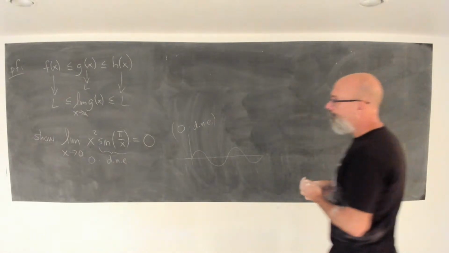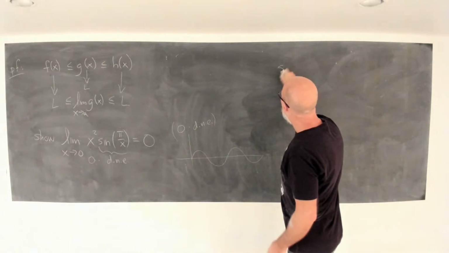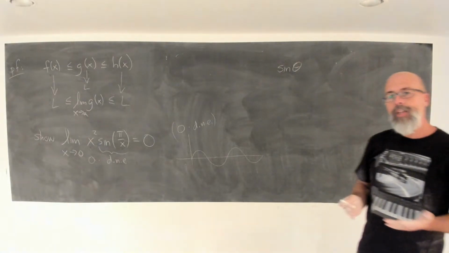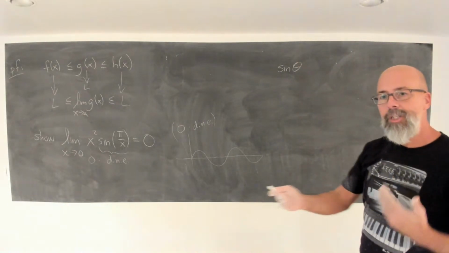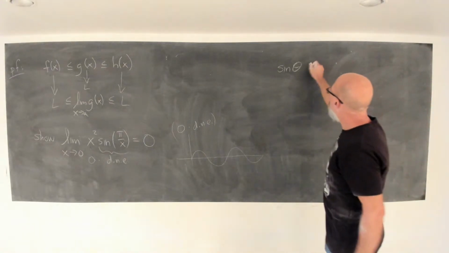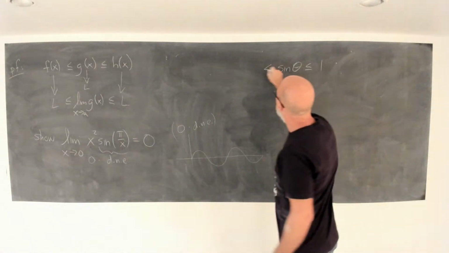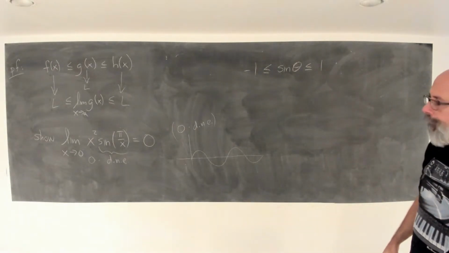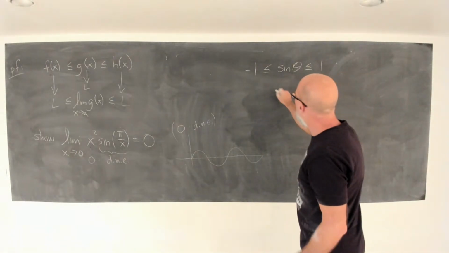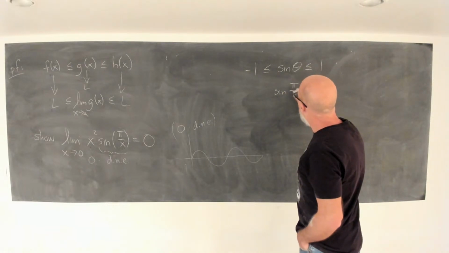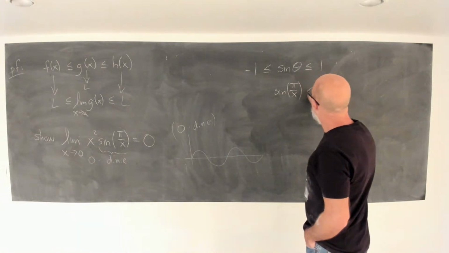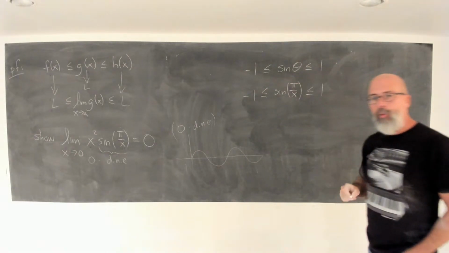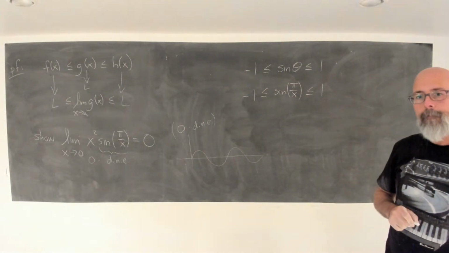Let's prove it. What do you know about sine? You know that sine is always between -1 and 1. So sine of pi over x will also always be between -1 and 1.